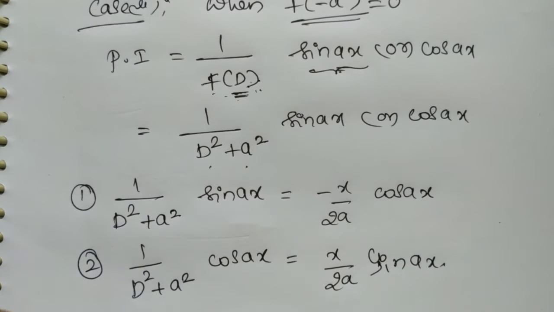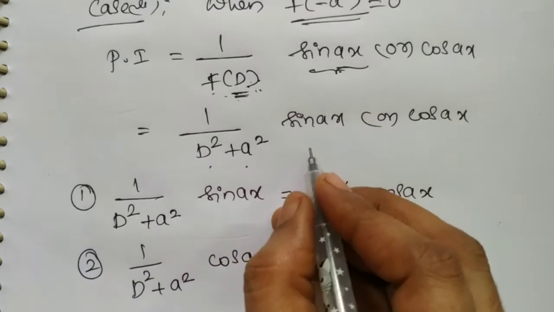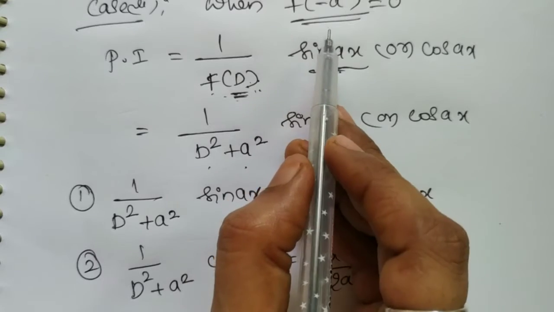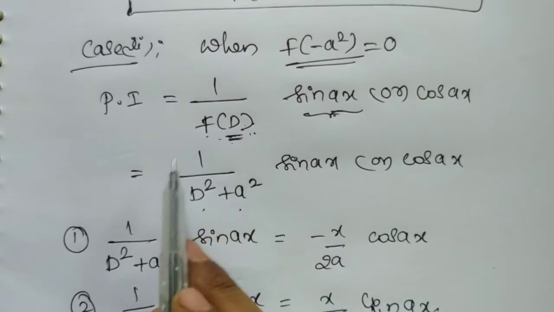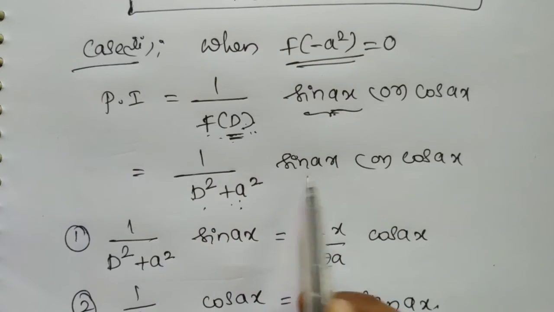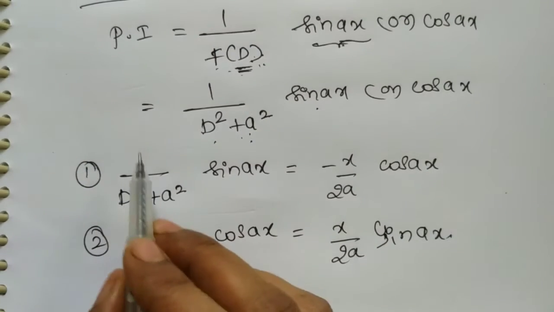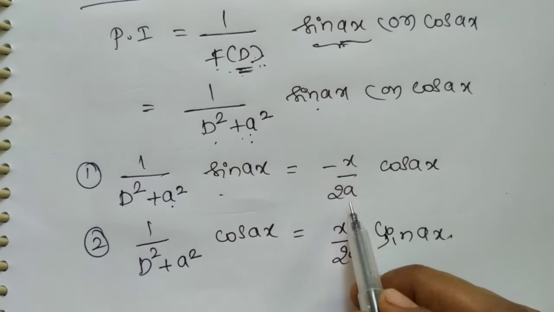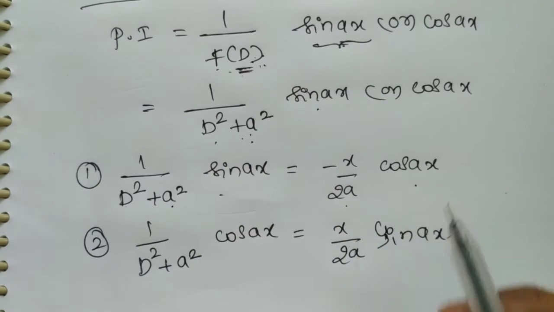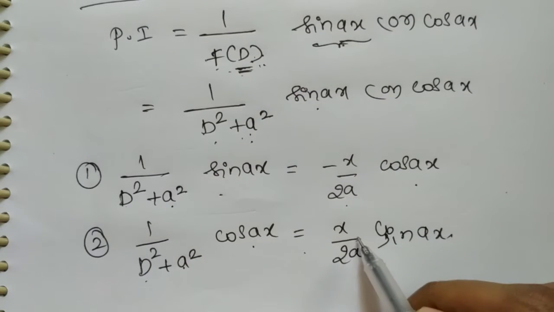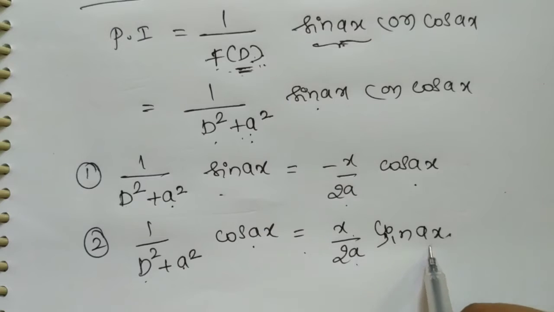These are the formulas for sin ax and cos ax when f of minus a square equals 0.